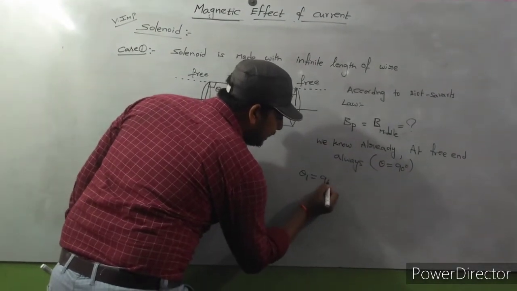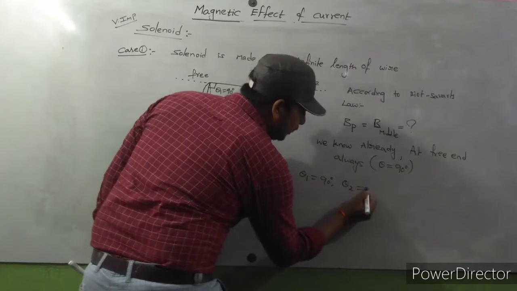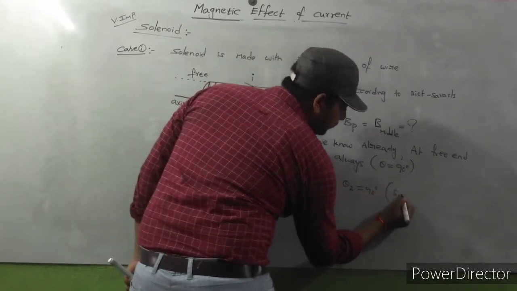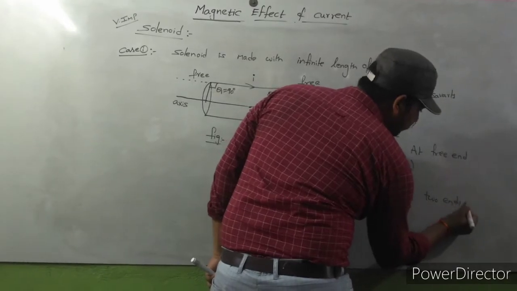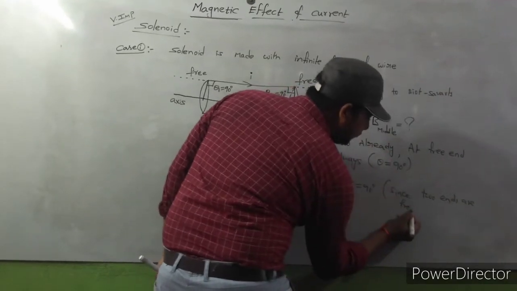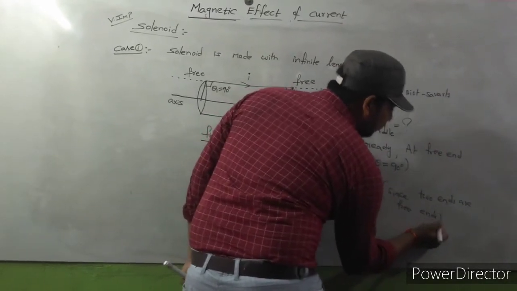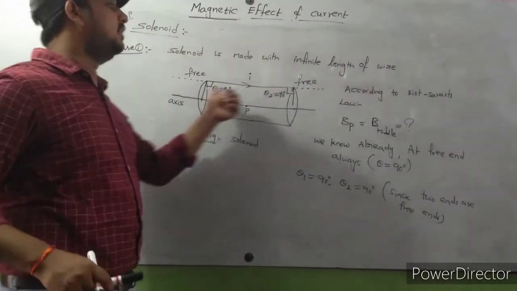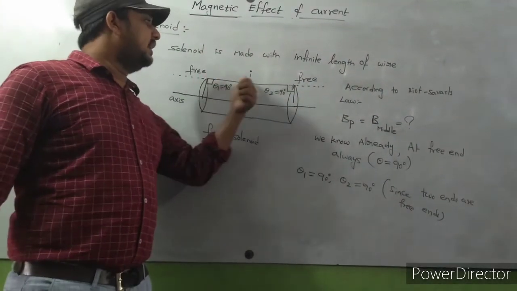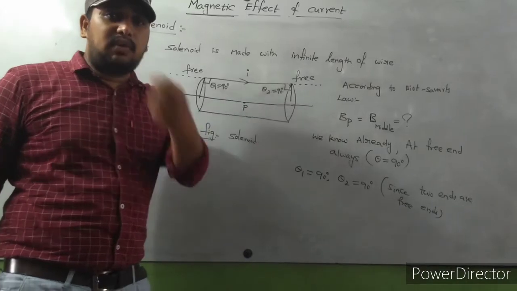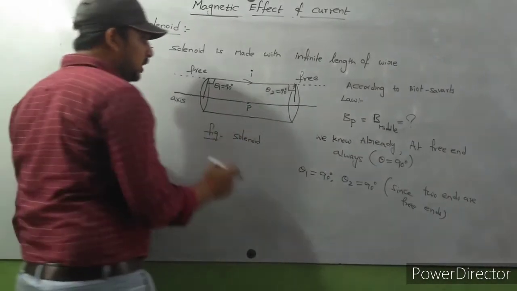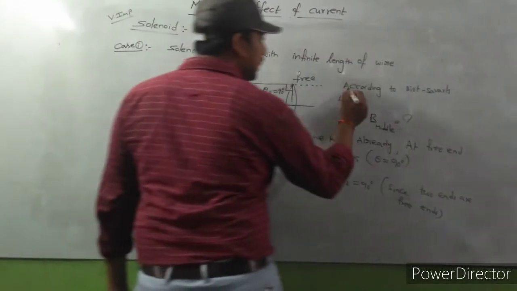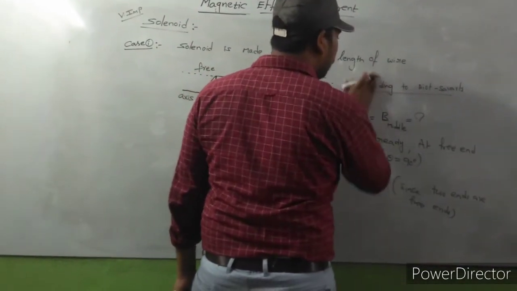Since the two ends are free ends. Why are these ends free ends? Because this is an infinite wire. Infinite wire means definitely it will form free ends. That means, according to Biot-Savart's law, you know already.